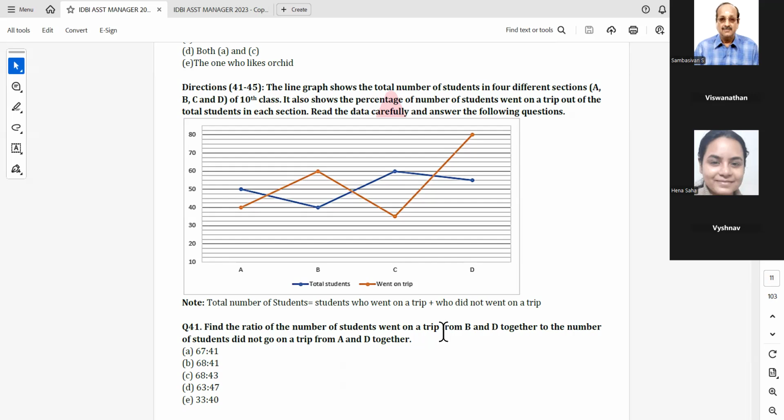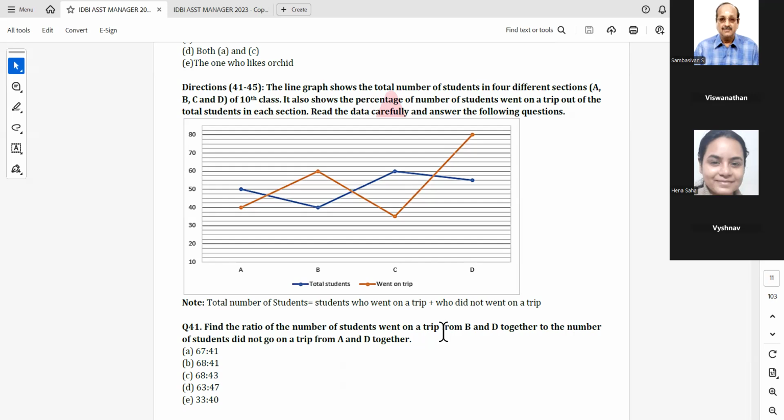Now, the next part is the number of students who did not go from A and D together. How ruthlessly they are giving one figure for B, another for A, another for D, here also D. So we have to be very careful while arriving at it. In section A, 40% of students went on a trip, so 60% did not go. 60% comes to 30.